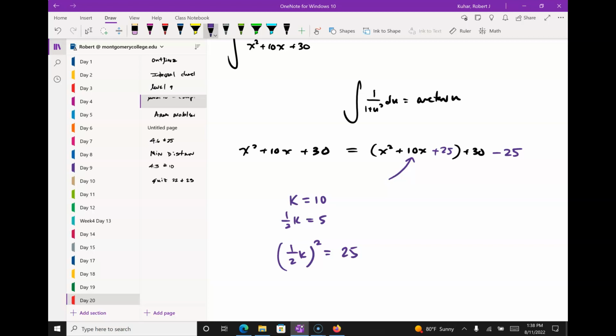Just lie to me and say yes. If your pre-cal teacher didn't torture you with it, I suggest a lawsuit. Get your money back for pre-cal. So I get 5 plus x plus 5 quantity squared.